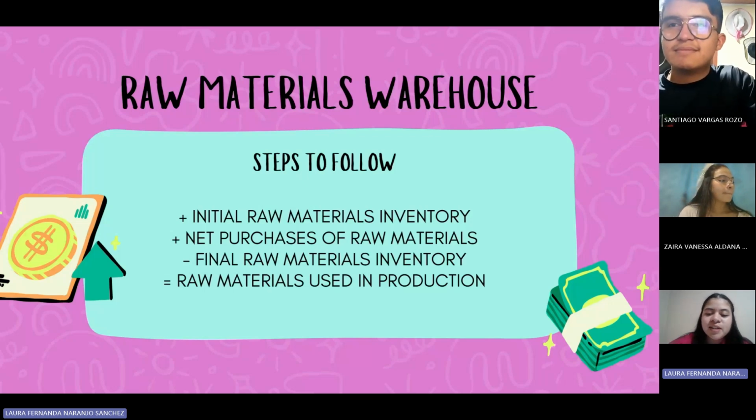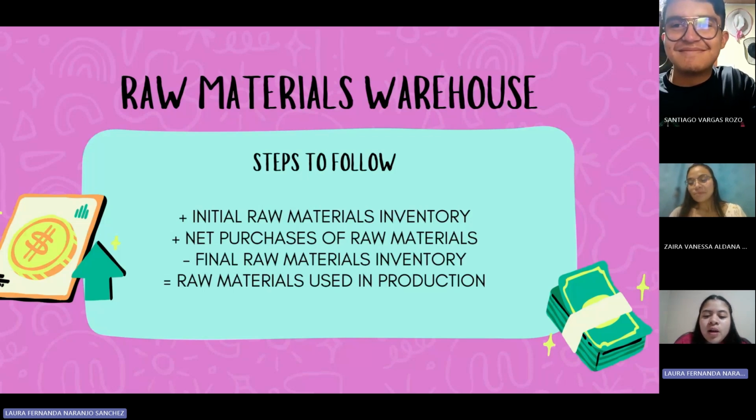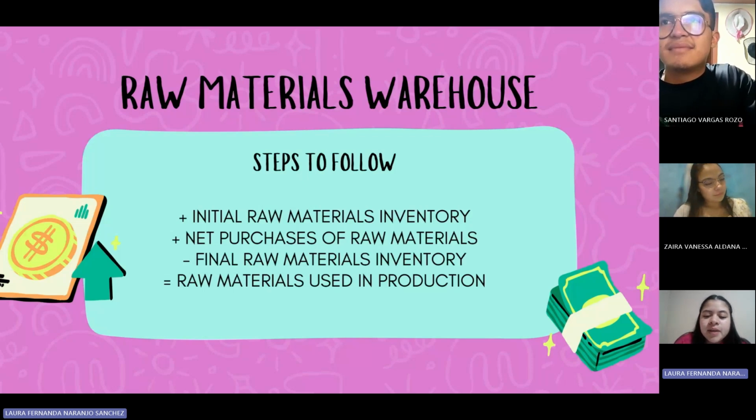Net purchases, raw materials acquired during the period. 3. Returns, defective or non-compliant materials returned to suppliers. 4. Total available inventory, the sum of the initial inventory and net purchases.